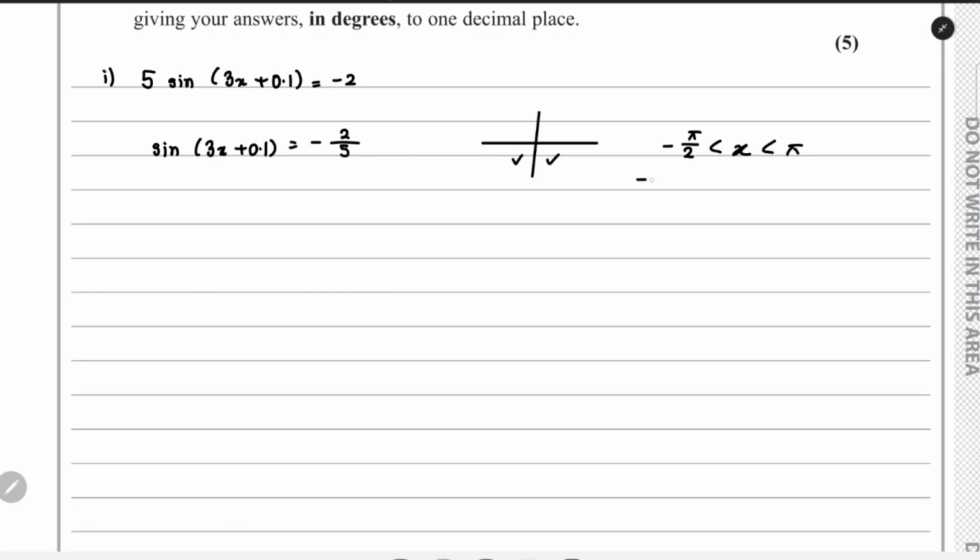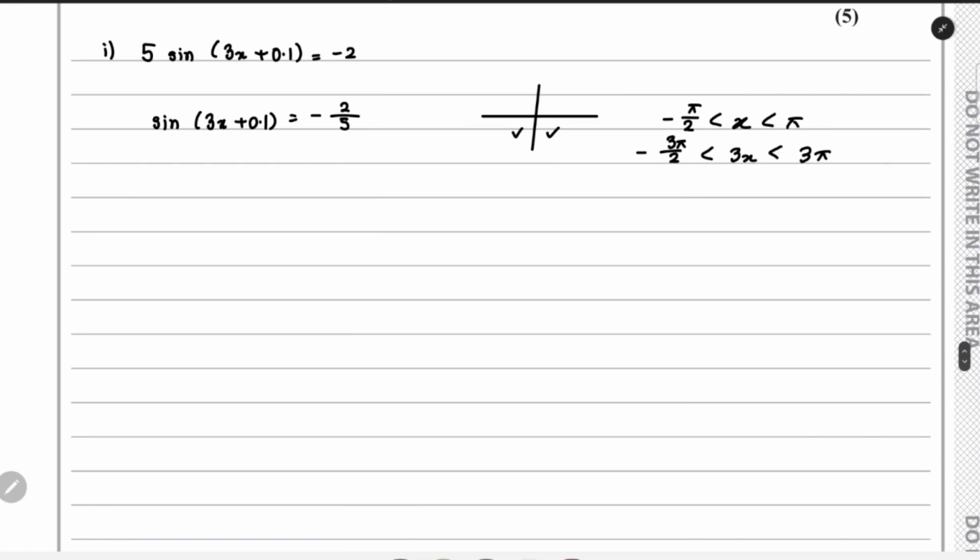For 3x, it would be minus 3 pi by 2 to 3 pi, and if we are adding 0.1 to it, we get minus 3 pi by 2 plus 0.1, which is minus 4.61, less than 3x plus 0.1, less than 3 pi plus 0.1, which is 9.52.